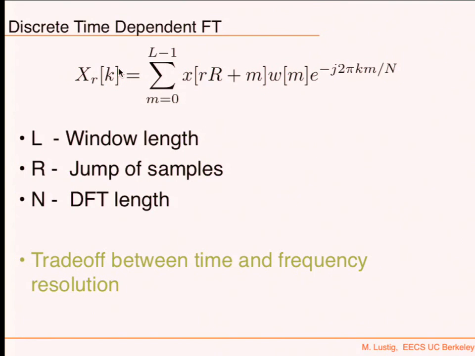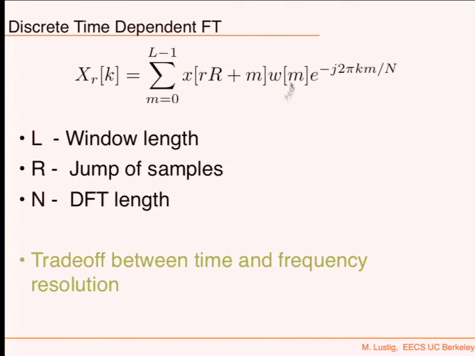No 2 pi's, no things like that, right? And we're going to define it that way. We're still going to sum over m, but now because we're looking at a finite size, right? Our window is of size L. Okay, so we're just going to sum from 0 to L minus 1.